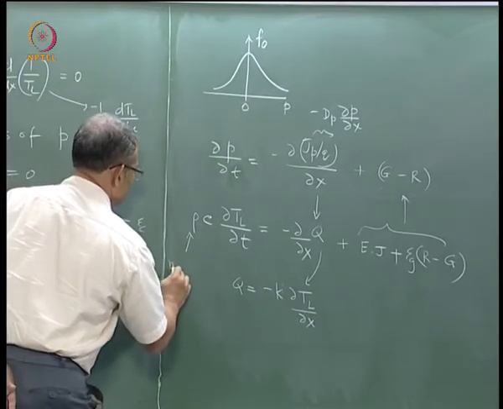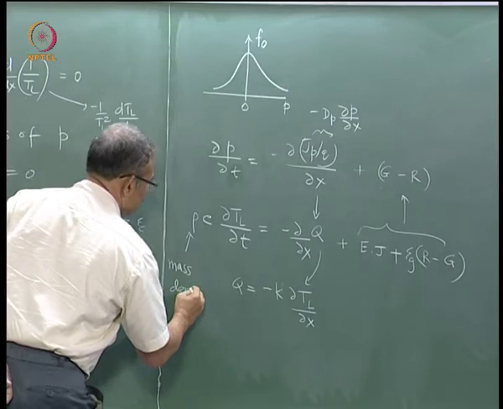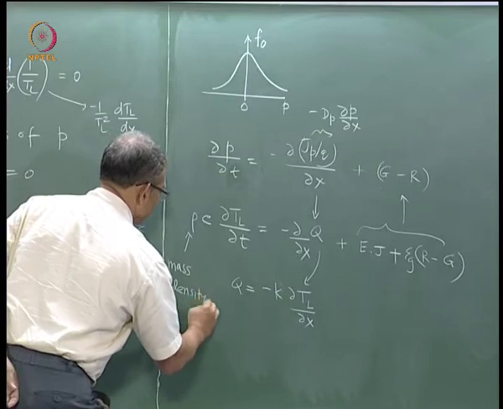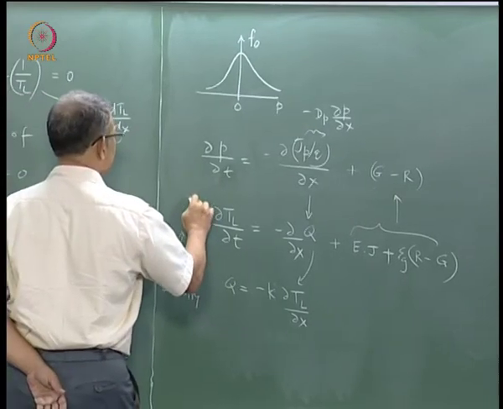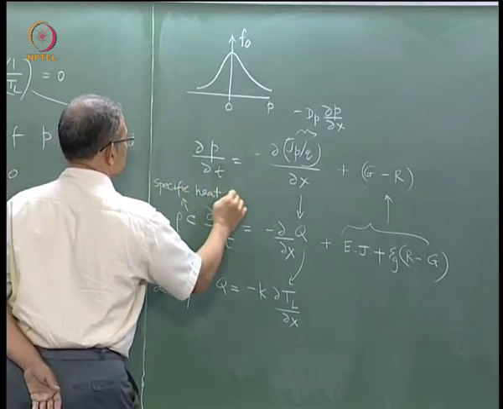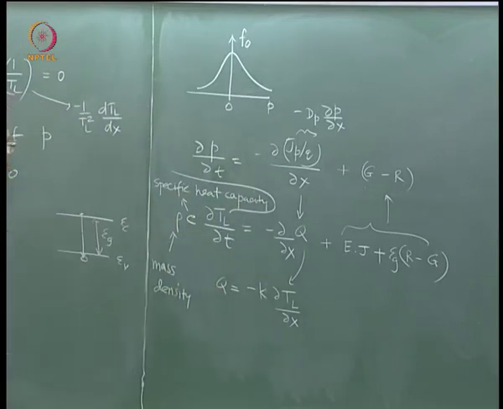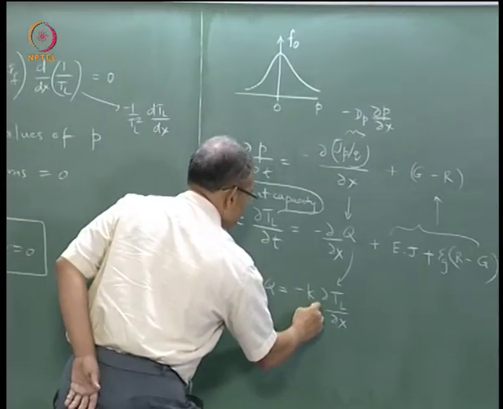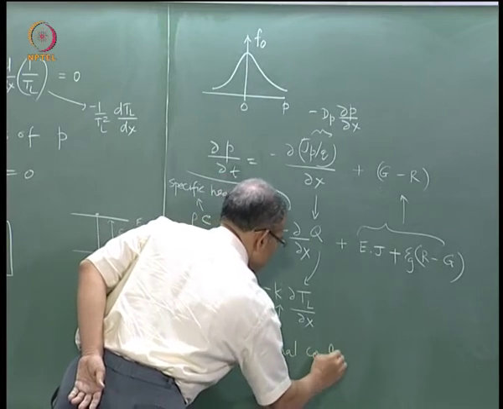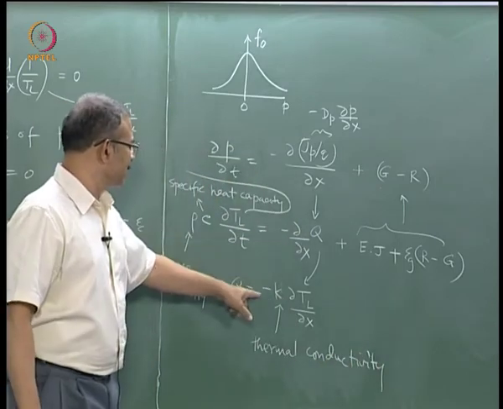So this is the mass density, that means mass per unit volume, that is kg per meter cube or gram per centimeter cube, and this is the specific heat capacity. This is the thermal conductivity. So this negative sign and this negative sign get cancelled, right.